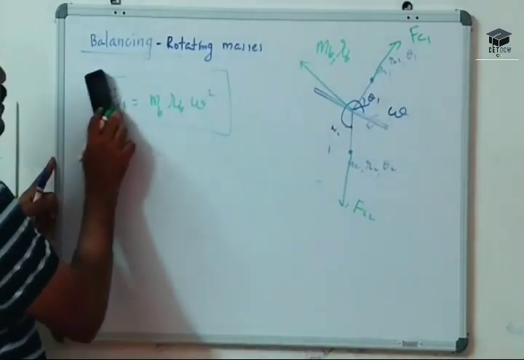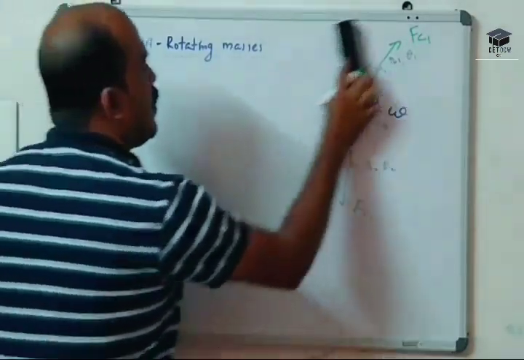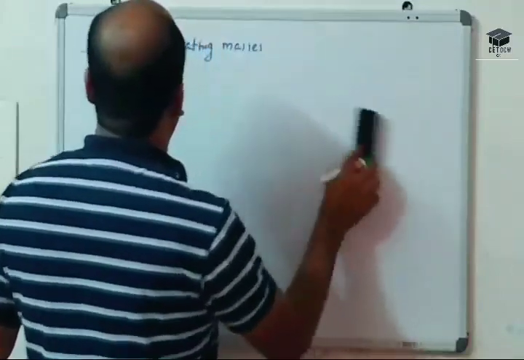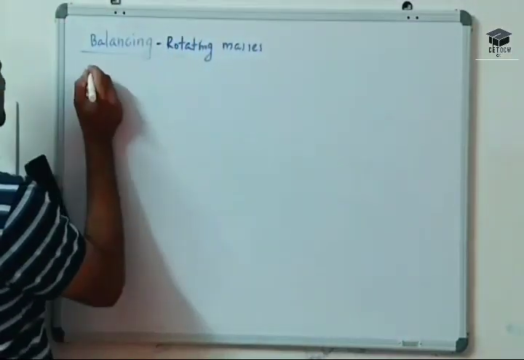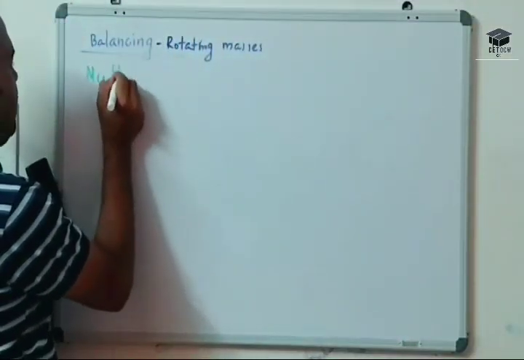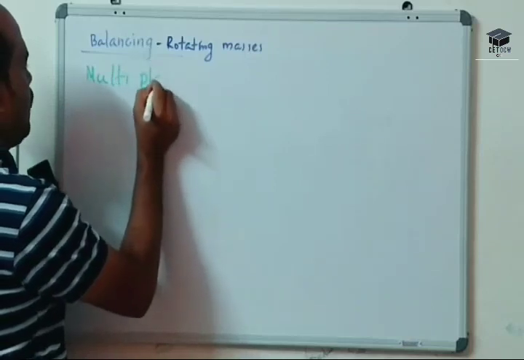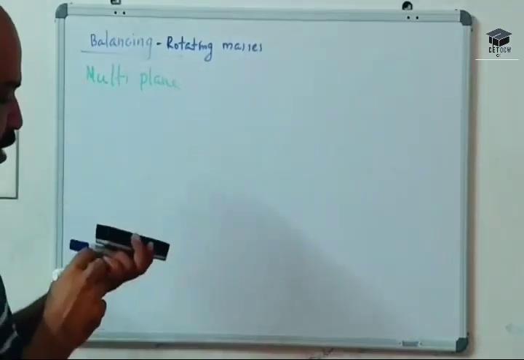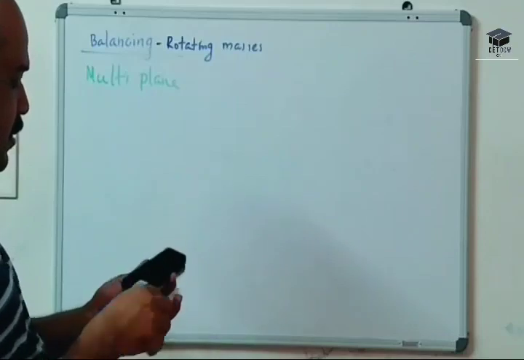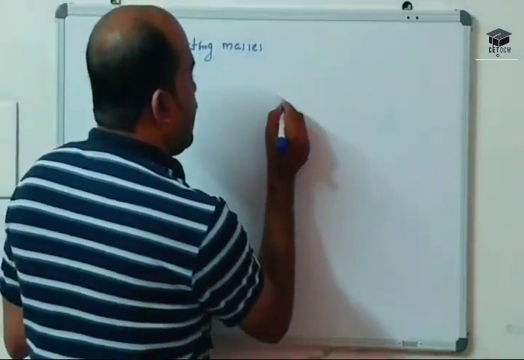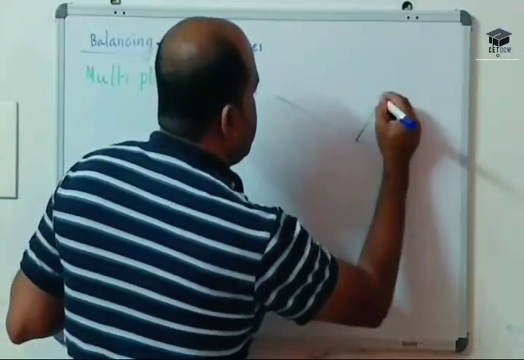Now, if you consider masses in different planes, multi-plane. If you consider multi-plane, it means there is more than one plane in which mass is attached.